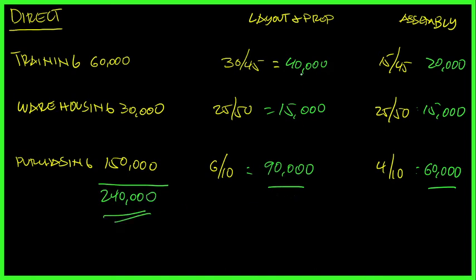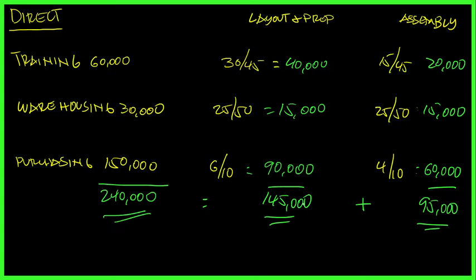This one will be 55 plus 90, that's a total of 145. 20 plus 15, that's 35, plus 60, that will now be 95. And if you add the two, 95 plus 145, that should be 240.